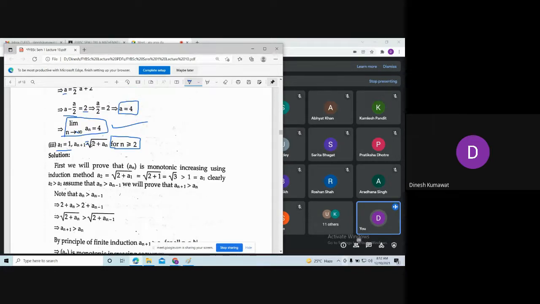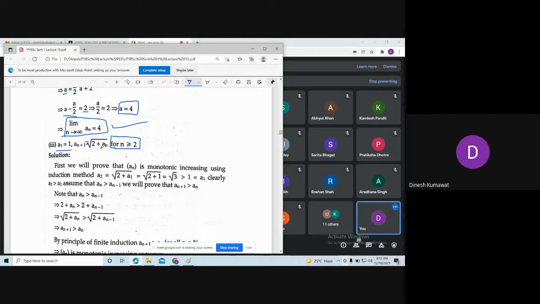Is it monotonically decreasing or monotonically increasing? Increasing. This is monotonically increasing.